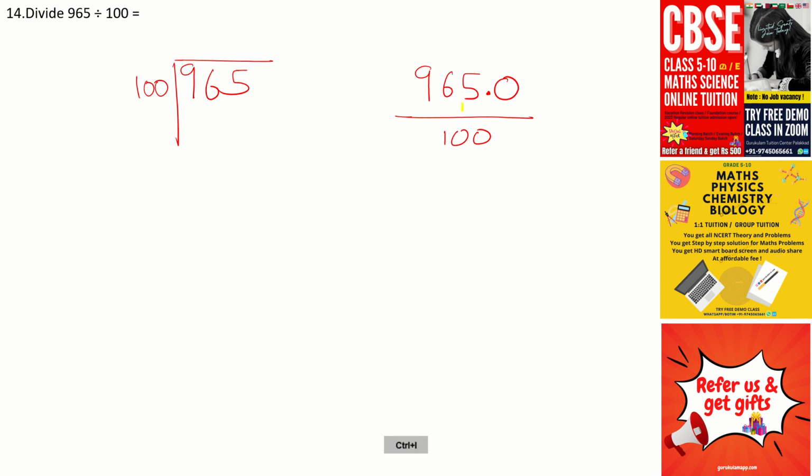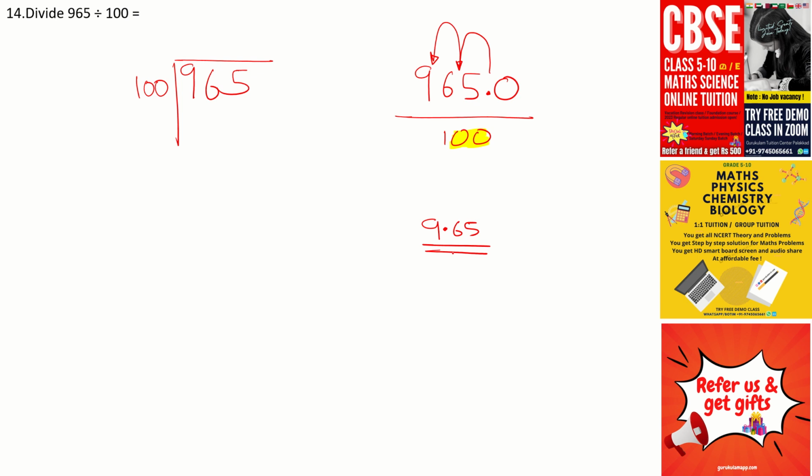So when we are analyzing here, we have two zeros here. So what you are supposed to do is shift this point to here, 1, 0. Okay, and again shift here. Okay, so our final answer is going to be 9.65.